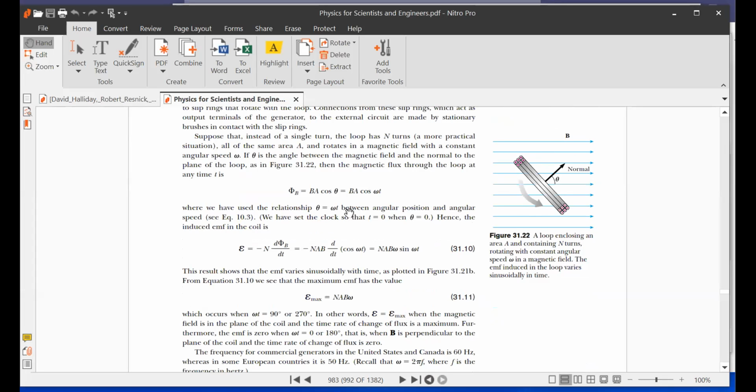So usually we have an N-turn wire, and this phi B is equal to BA cos theta. Theta is the angle between the normal direction of the area of the coil and the direction of B. Theta is equal to omega times t, and we assume that omega is constant.